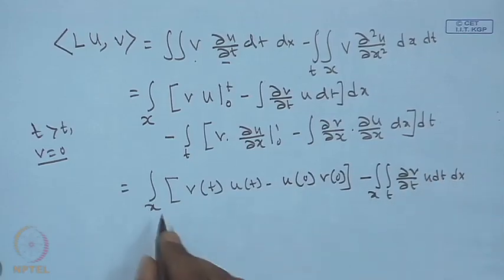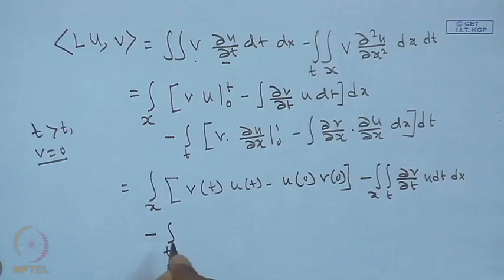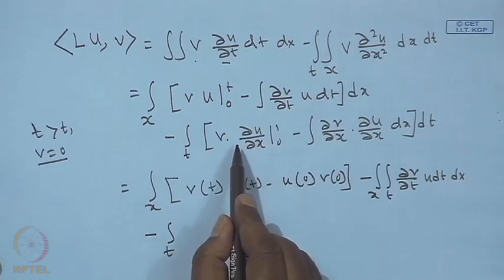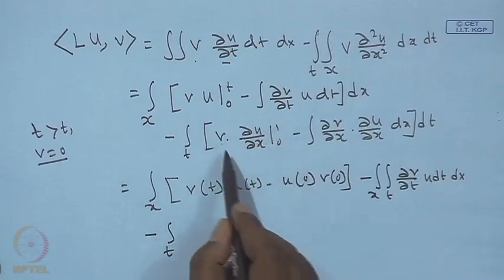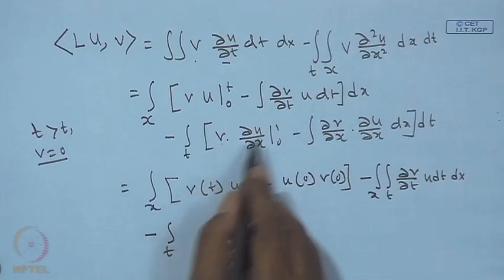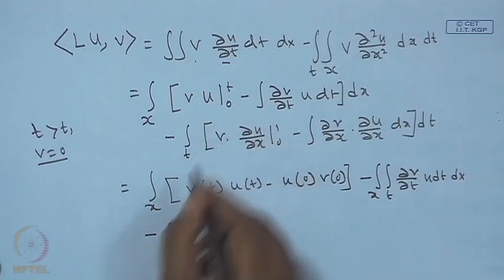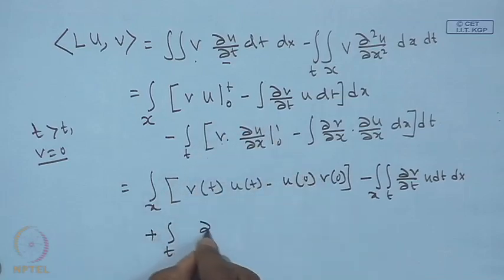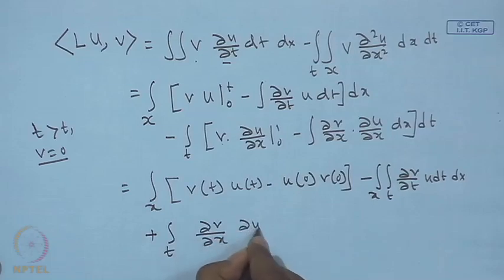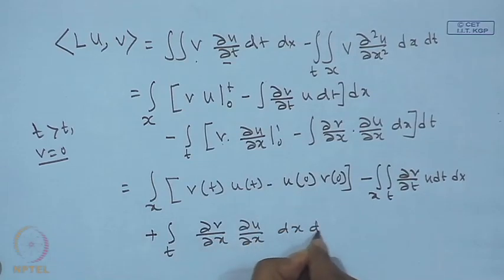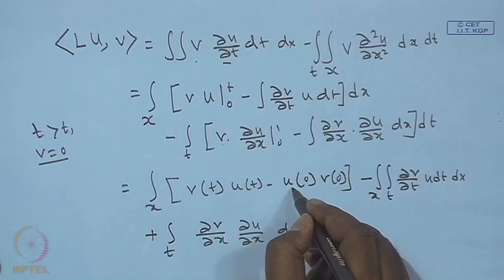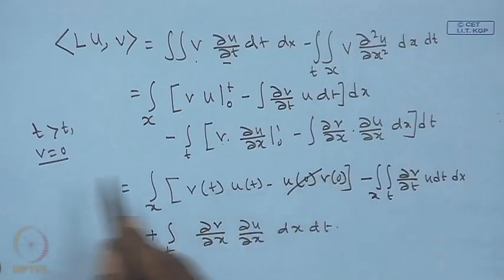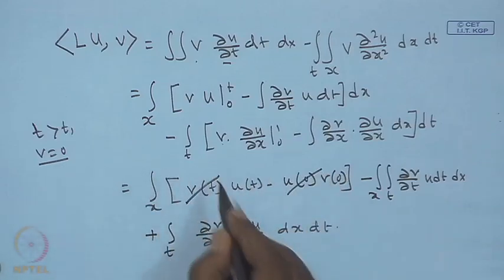Okay. That is the first one, minus the integration over t. Now, since we have the homogeneous boundary condition, v at x equal to 1 and v at x equal to 0, both of them will be 0. So, this will be contributing 0. So, minus minus plus, you will be having del v del x del u del x dx dt, and in this case the homogeneous boundary condition at t equal to 0, so u will be equal to 0 and v is equal to 0 for any t greater than 0. So, this term will also be off.